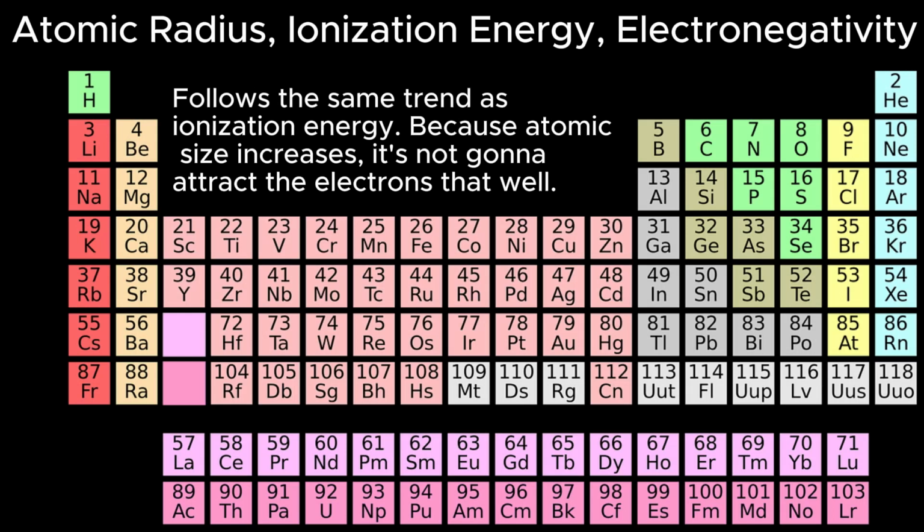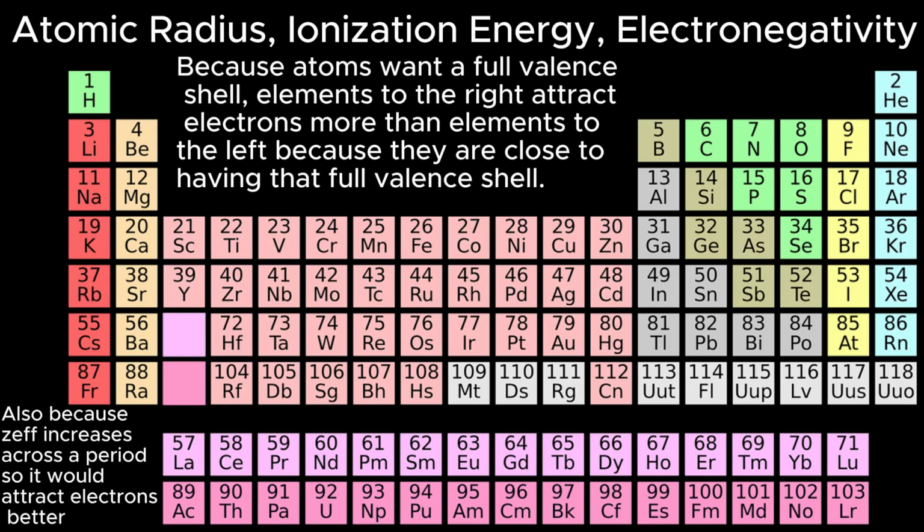And across a period, it would increase because, first of all, we know that atoms want 8 electrons in their valence shell. They want this full valence shell. So elements to the right want electrons more than elements to the left.